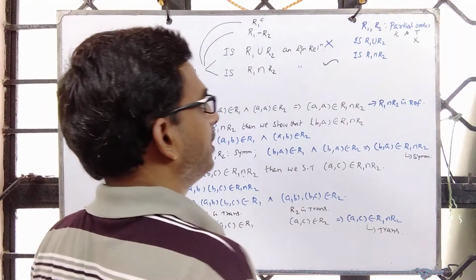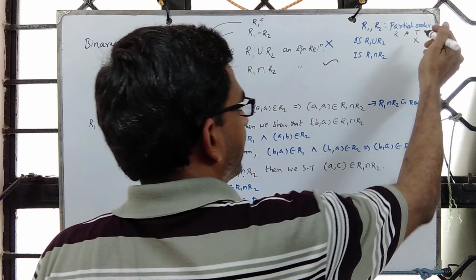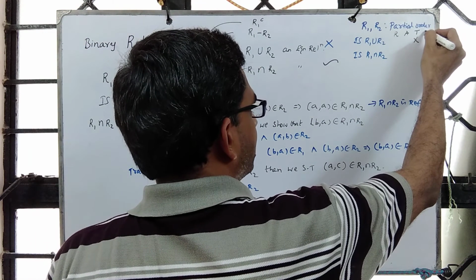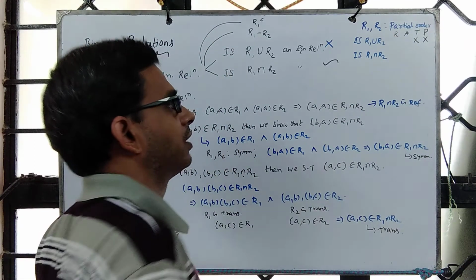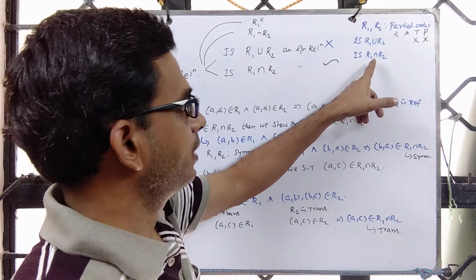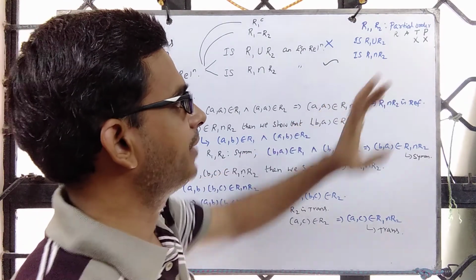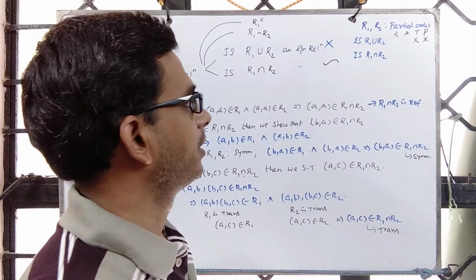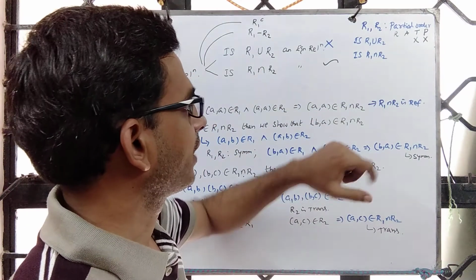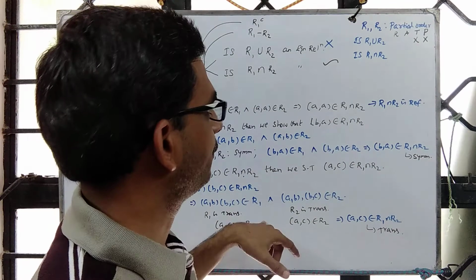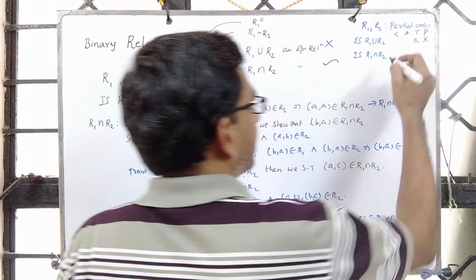So R1 union R2 need not satisfy transitivity, which means it is not a partial order. Now the question is, is R1 intersection R2 a partial order? A similar proof for reflexivity holds, and a similar proof for transitivity holds. How about antisymmetry?